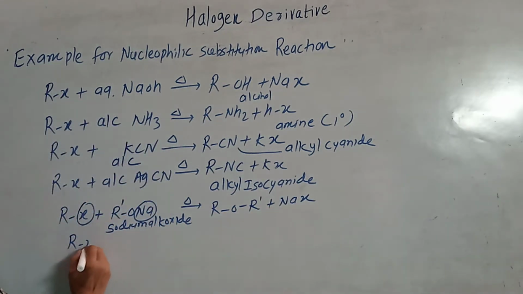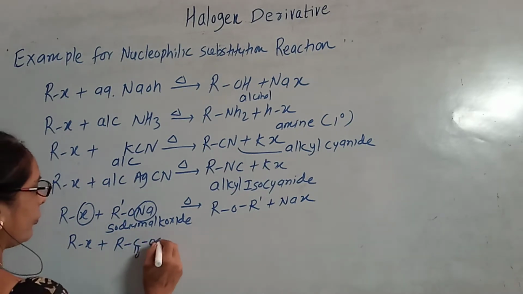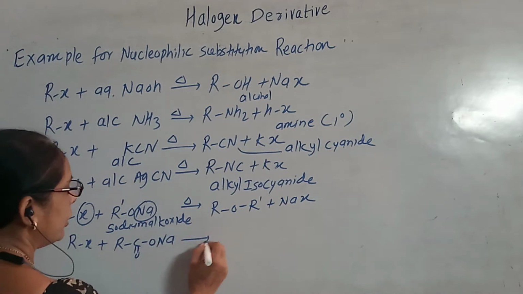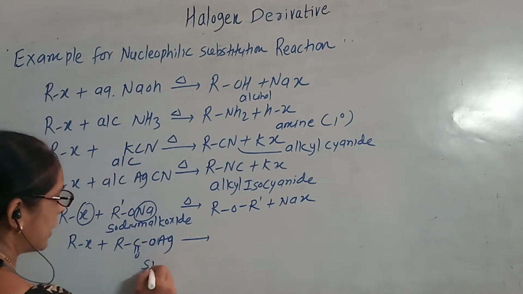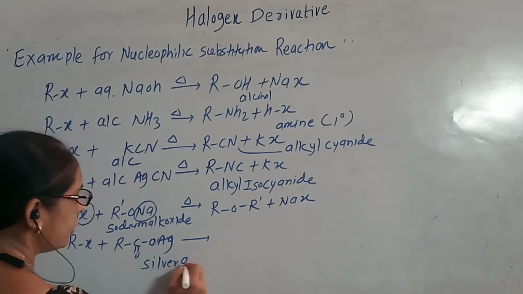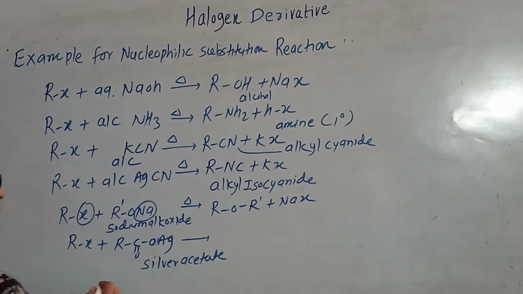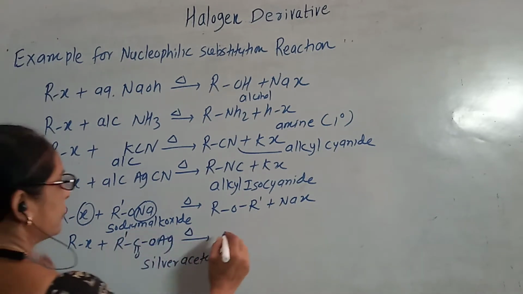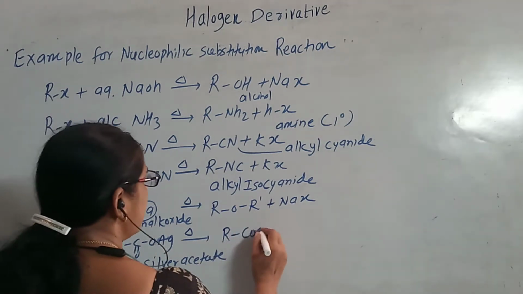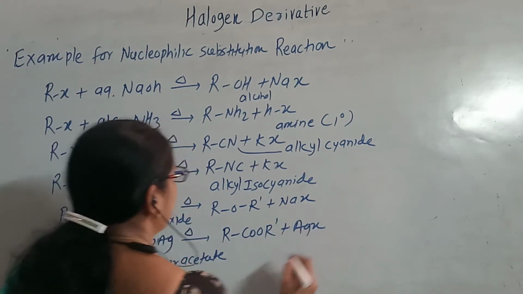When alkyl halide is reacted with silver acetate, you get RCOOR dash plus AgX.